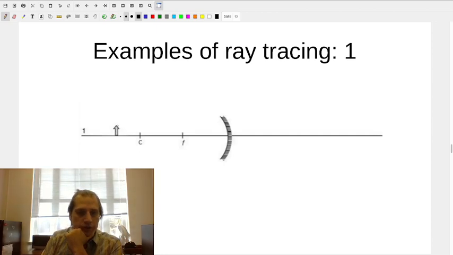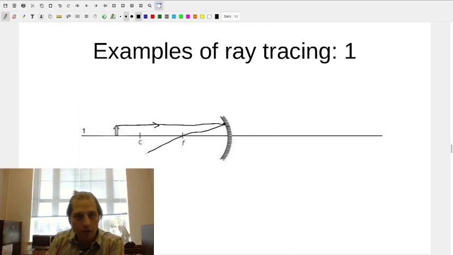There are light rays coming off in all different directions off the tip of this, but the ray that I'm interested in is the one that goes parallel to the optic axis. If it comes in parallel to the optic axis, it's going to go out through the focal point.